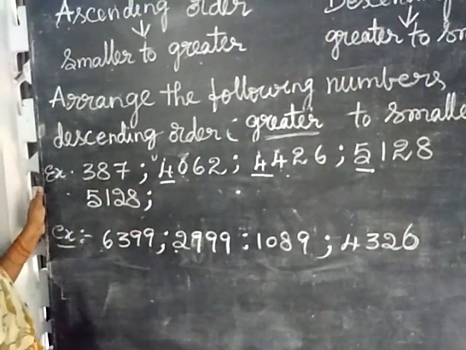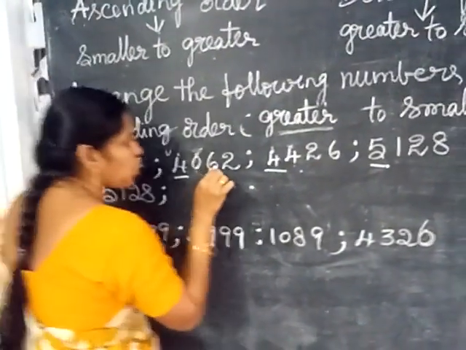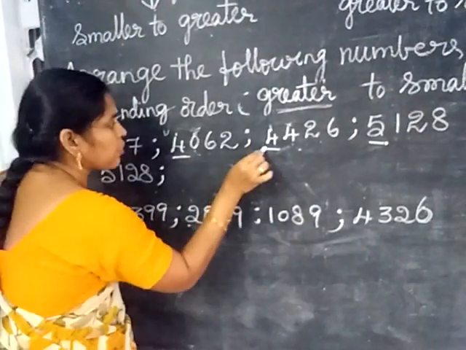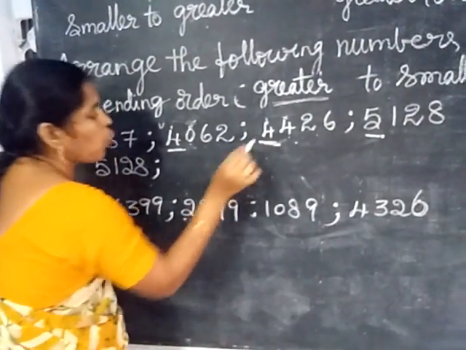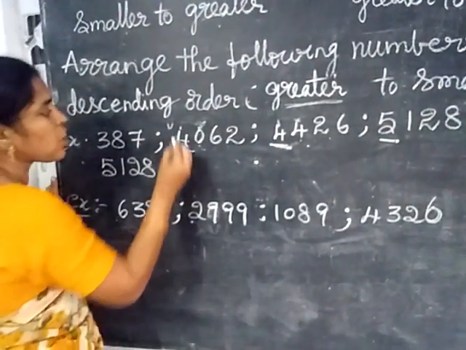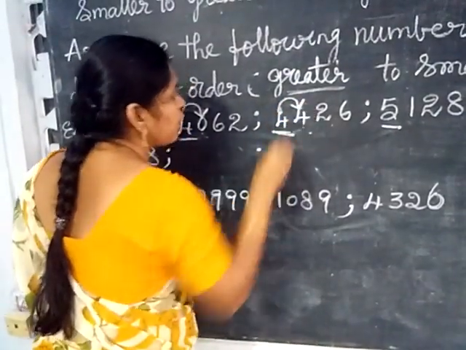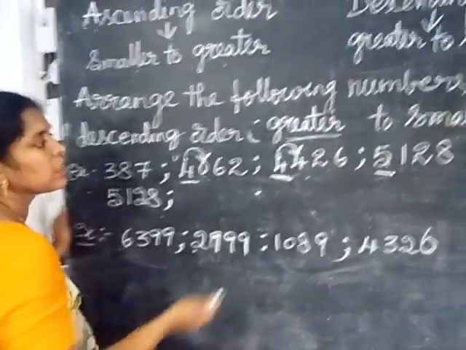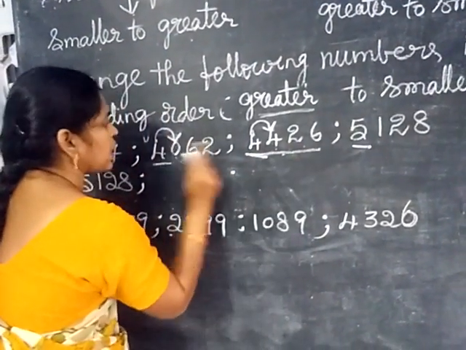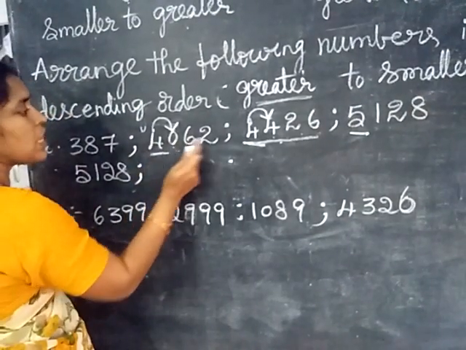Next, you check the remaining 3. This is a 3-digit number, this is a 4-digit number, and this is a 4-digit number. So these two start with 4. Then you go to the next place to the right. Here 0 and here 4. Which is greater? Yes, 4 is greater. So 4426 is greater than 4062.